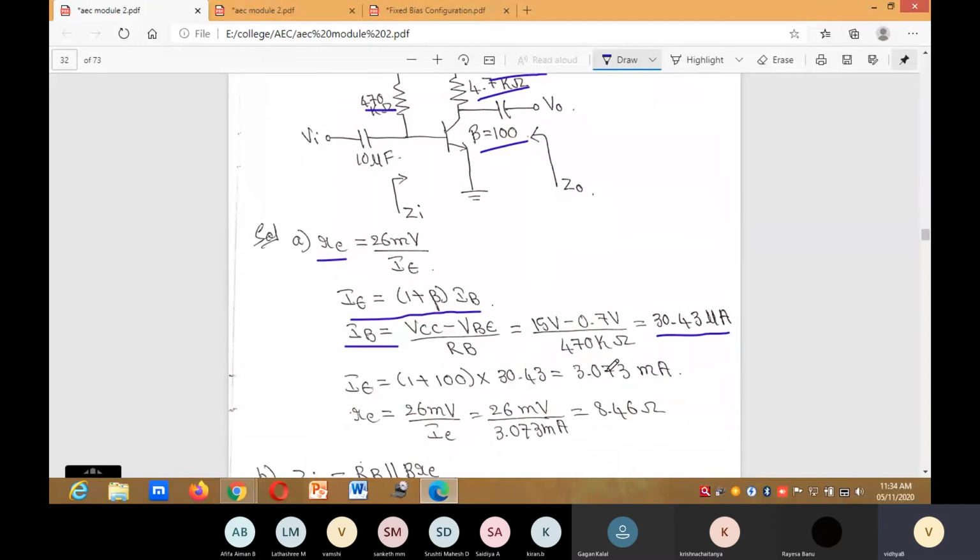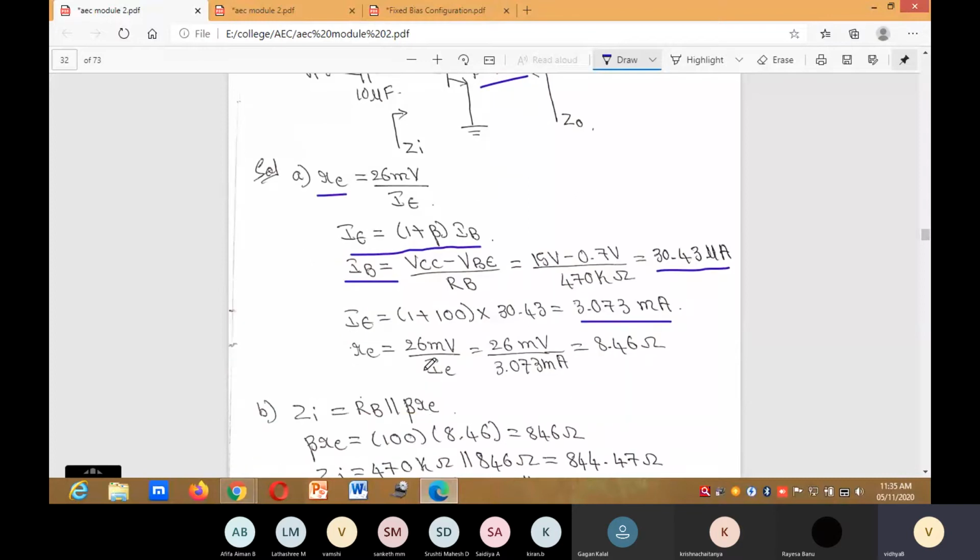Now we know the value of IB. We can find out IE, that is 1 plus beta, whose value is 100, they have given it in the question, into IB value 30.43. Substitute, you'll get IE value 3.073 milliamps.